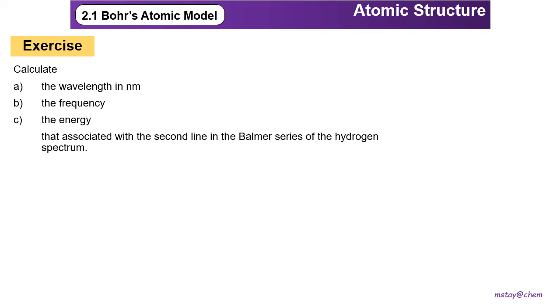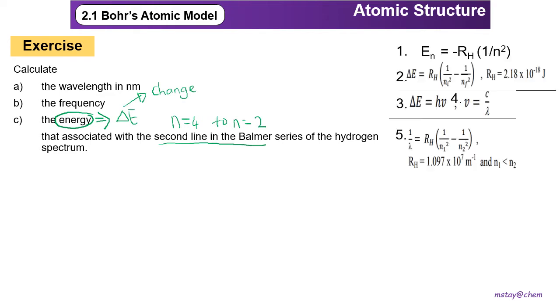Question C. Calculate the energy associated with the second line in the Balmer series. Again, the energy here involves two energy levels, from n equal to 4 to n equal to 2. So basically the energy here is referring to the change of energy. This triangle means change, and E is energy, so this means change of energy. Again, we can look at the formulas.